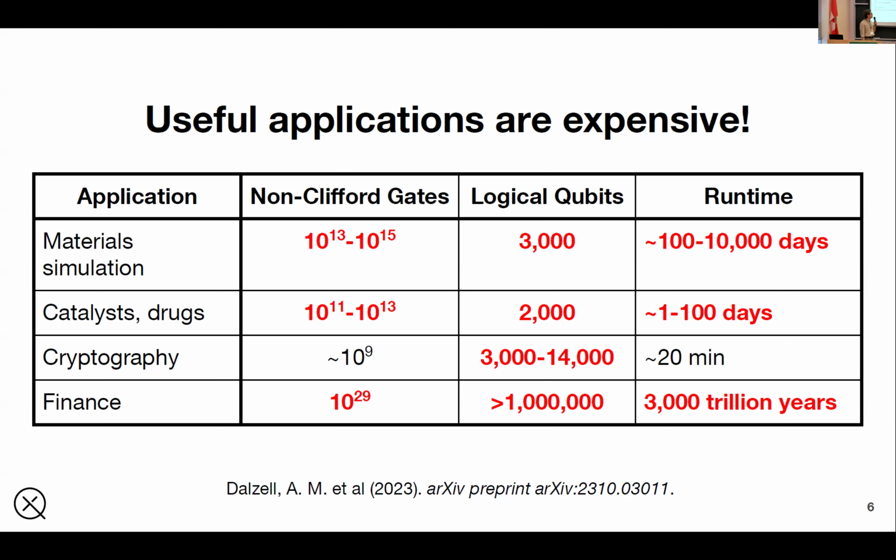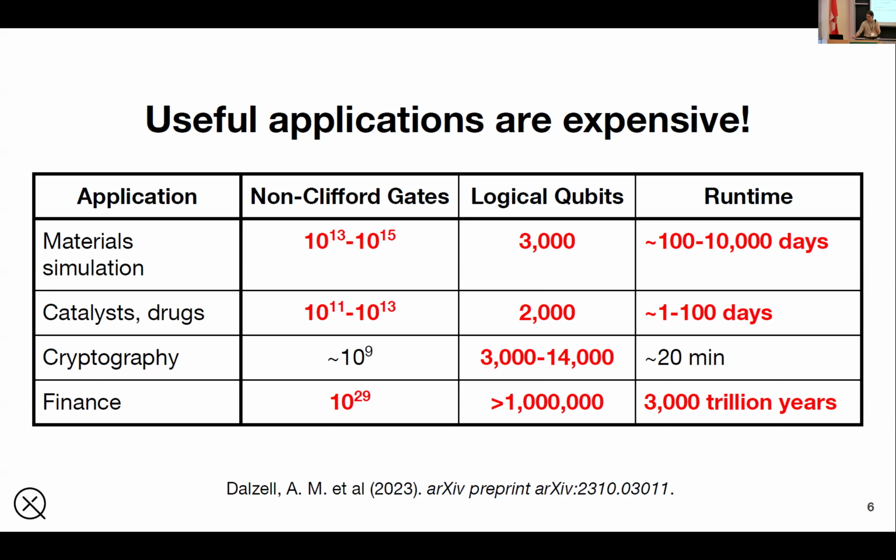And the same goes for runtime. You can feel free to disagree with these numbers. I personally disagree with a lot of these numbers on any given day, but I think we can all agree that there is still a significant gap between the demands of the algorithms and the applications that we're looking at and the kind of hardware that is available and even is coming to us in the next generation.